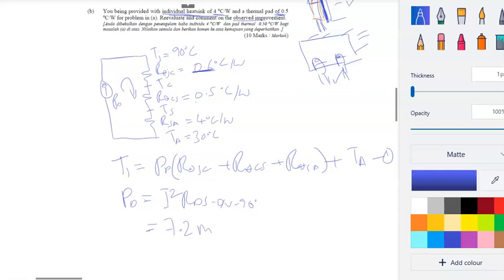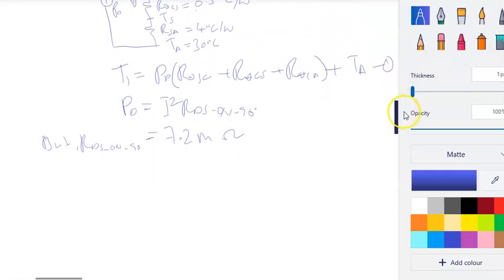Sorry, not milliwatt. Power is in watt. So RDS on at 90 is 7.2 milliohm.